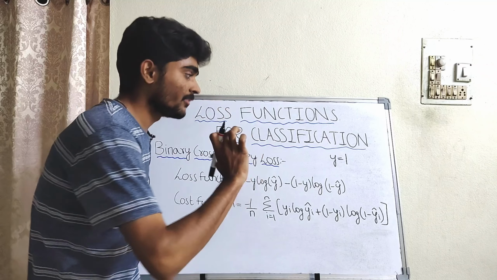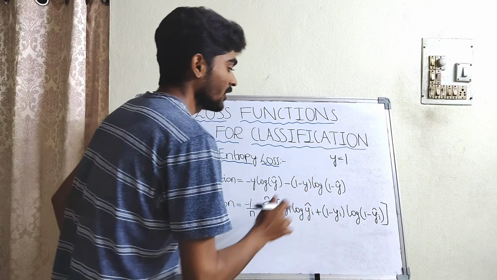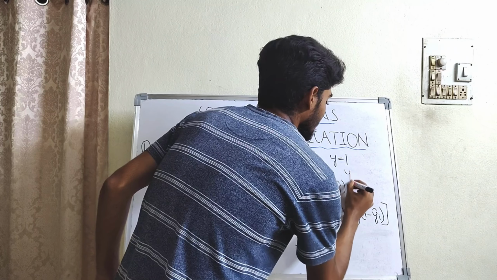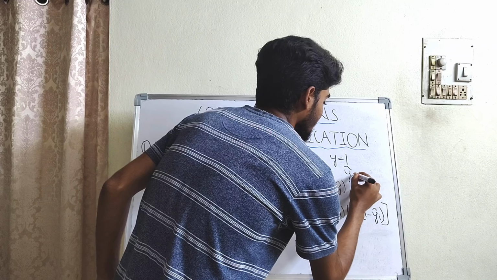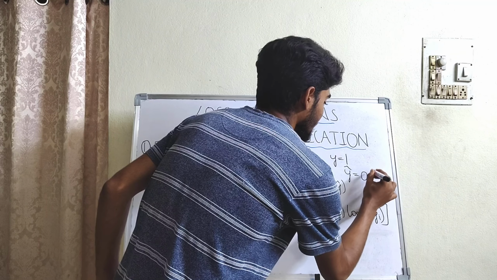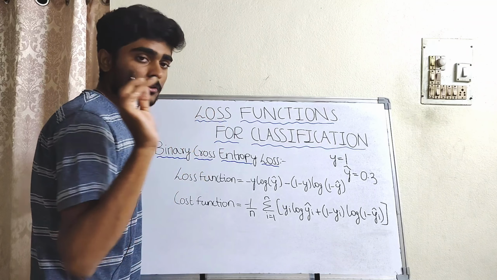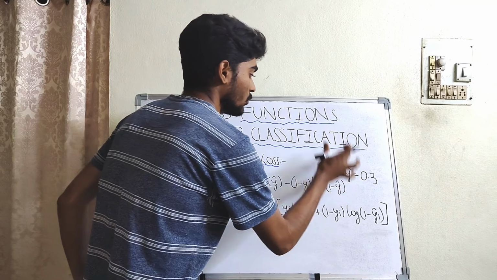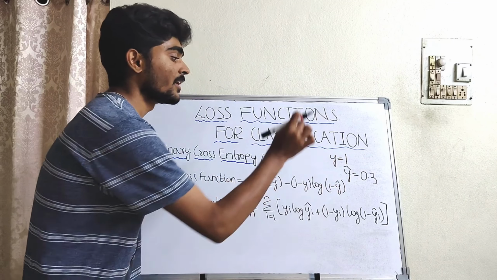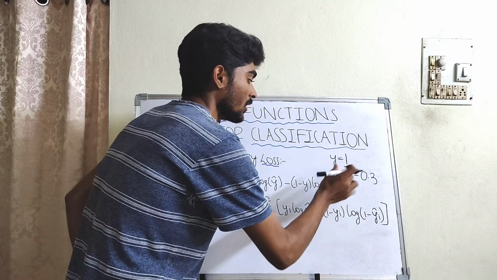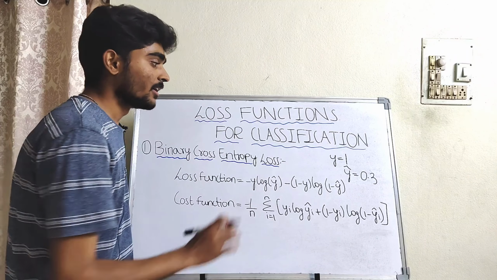When you send that first row of data into your neural network, the predicted output by our model, y hat, is let's say 0.3.